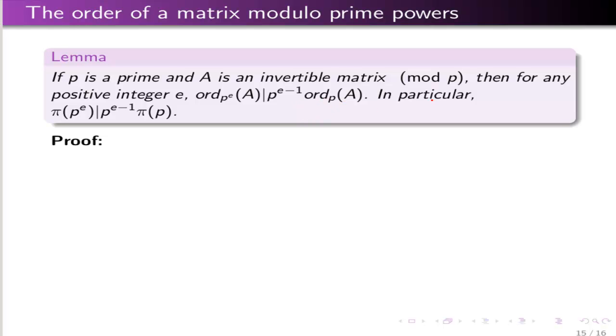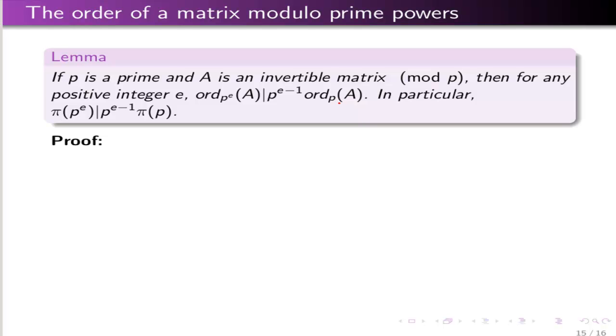So in particular, the Pisano period of p to the e is a divisor of p to the e minus 1 times the Pisano period mod p. All right, let's see how we could prove this.